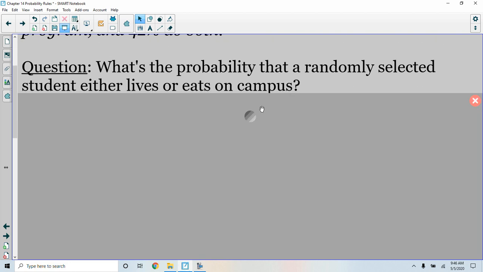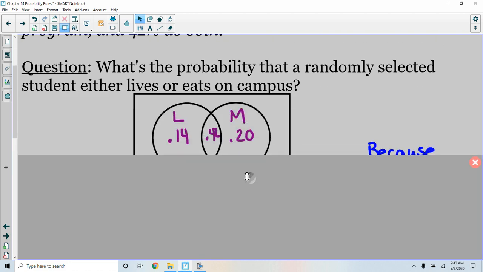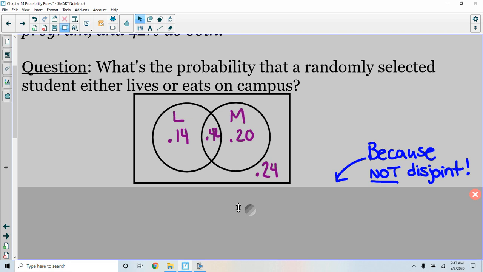So we can create a Venn diagram to represent this scenario. And I'm going to let this circle be people who live on campus, L, and this circle be meal plan people, M. And this overlap is the people who have both. So these are not disjoint events. They can happen at the same time.